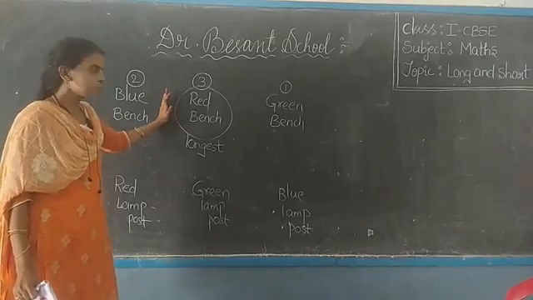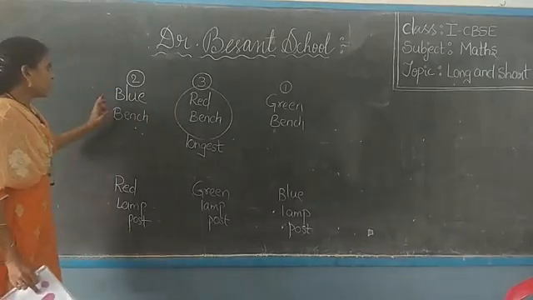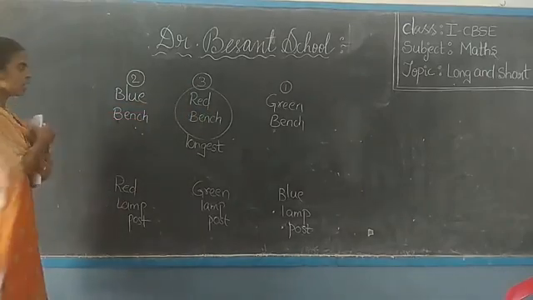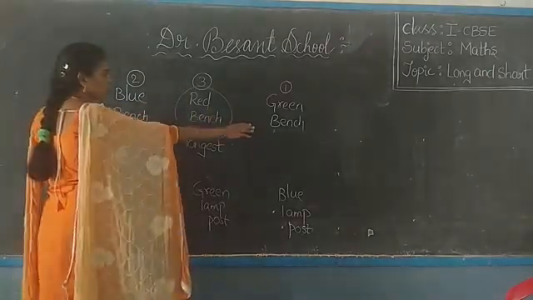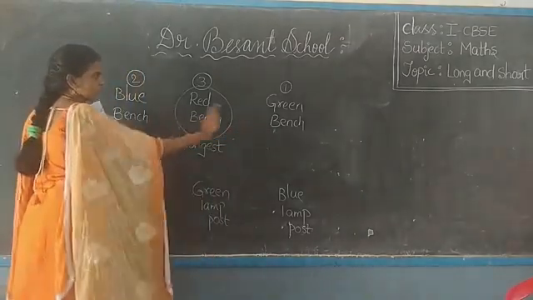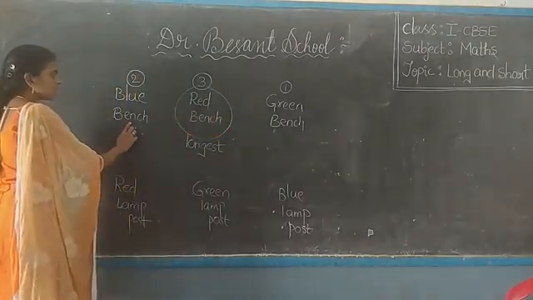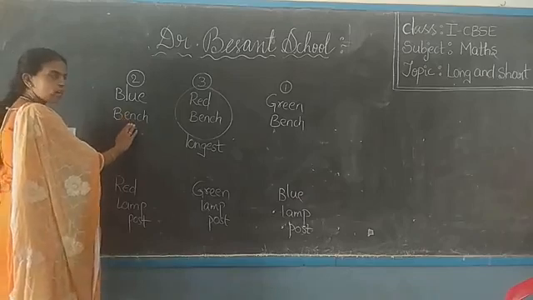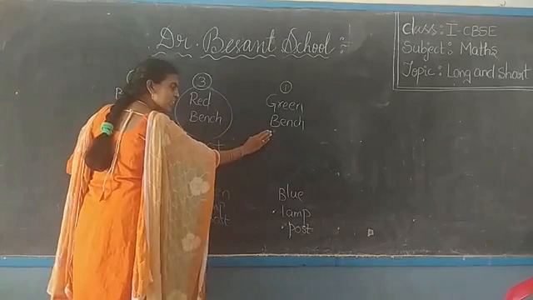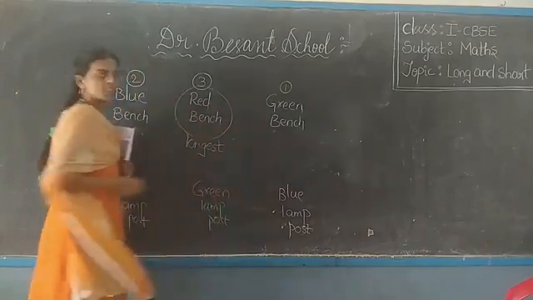Am I clear? Now let us go for the blue and green bench. Blue bench is longer than this green bench. That means the green bench is the shortest bench.